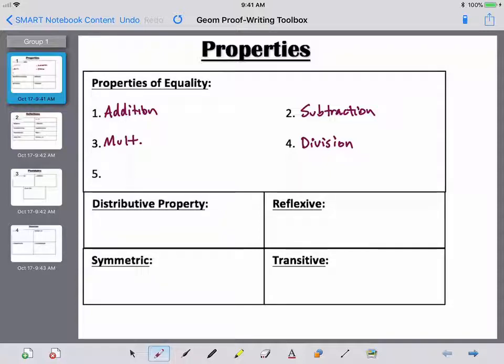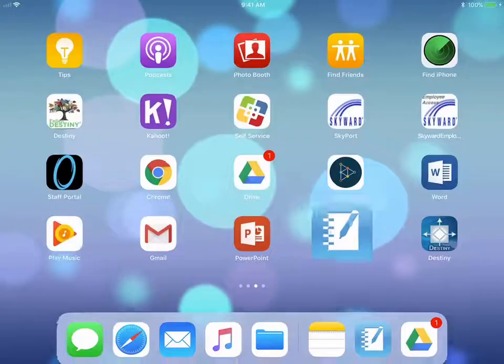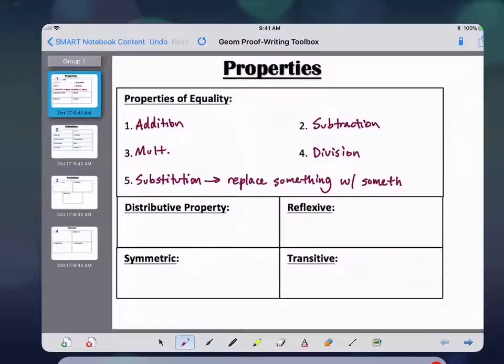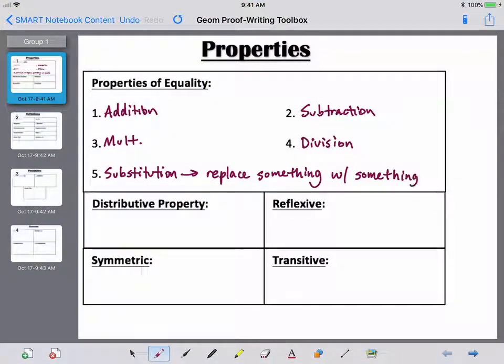The 5th property of equality was the substitution, which just allows you to replace something with something else. And in this property, you might be replacing x with 2, or you might be replacing a segment with a different segment if you know that they're congruent.